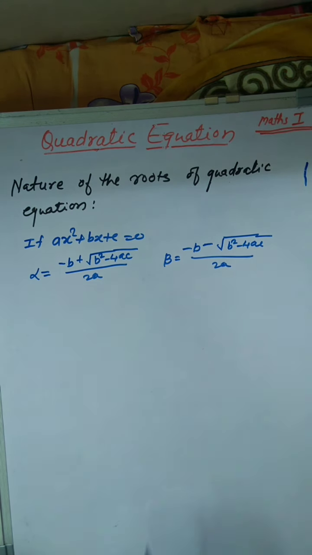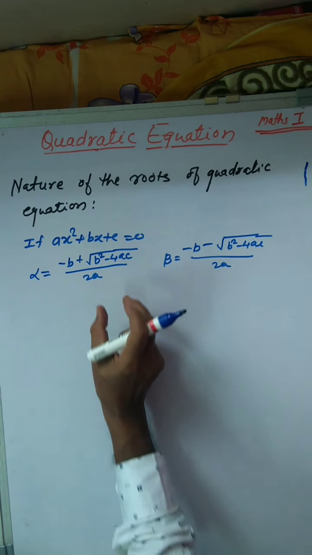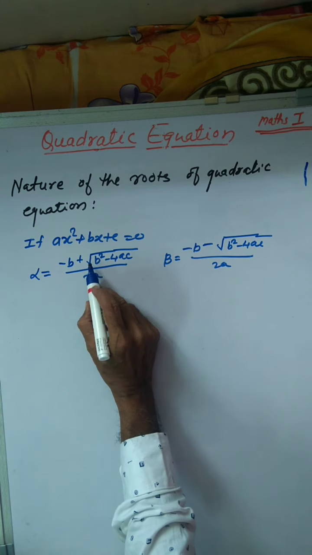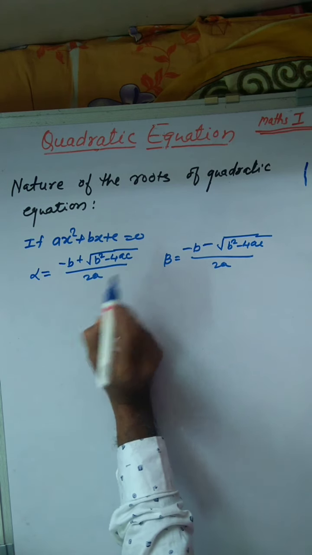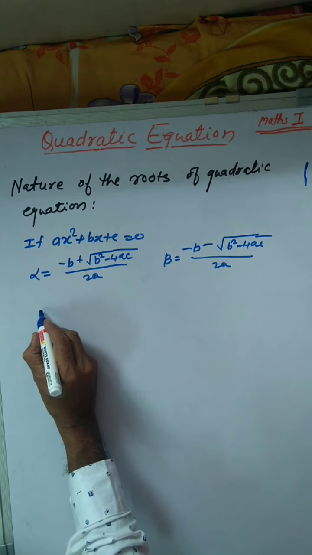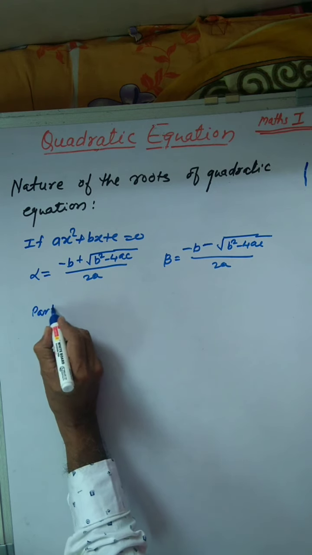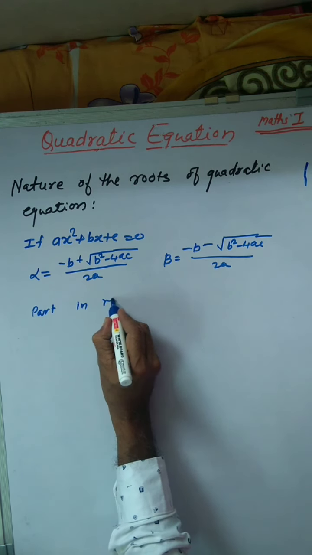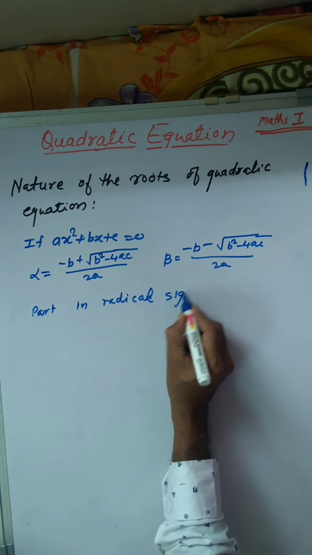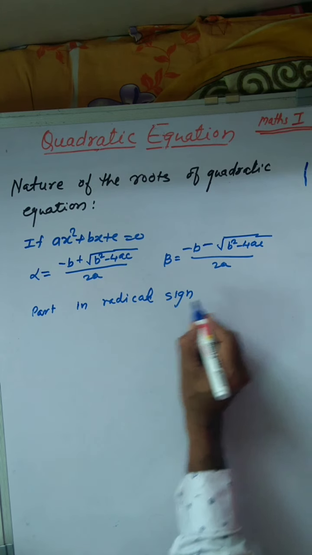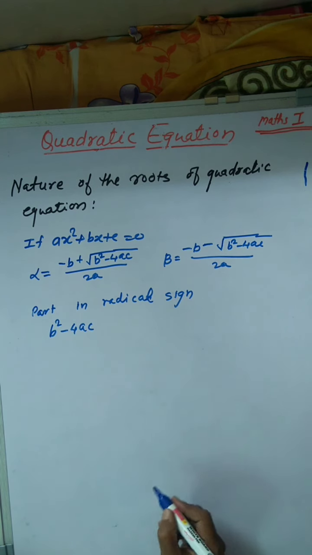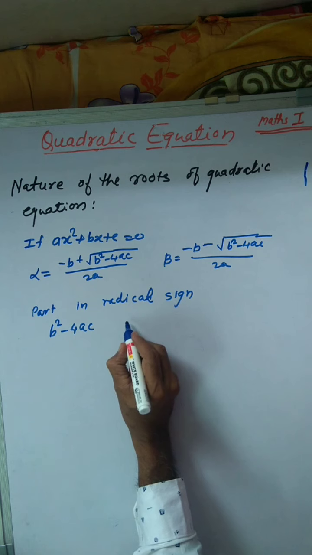These are the two roots. Now the nature of the roots depends on the part inside the square root, that means b² − 4ac. This part, in the radicand sign, that means b² − 4ac, is called the discriminant.